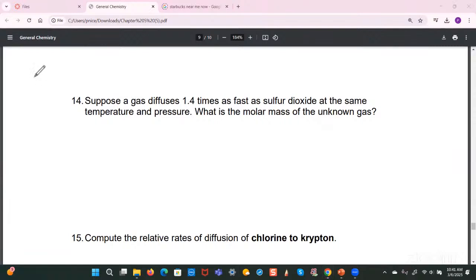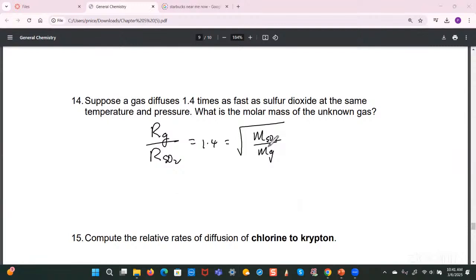So the way I go about doing this is that I would say that the rate of diffusion of the unknown gas divided by the rate of diffusion of SO2 would be equal to 1.4, and that would be equal to the square root of the molar mass of SO2 divided by the molar mass of the unknown gas, because again, there's an inverse square root relationship between the molar masses and the rates.